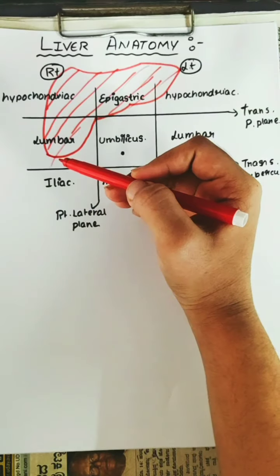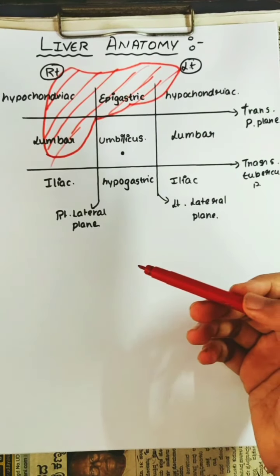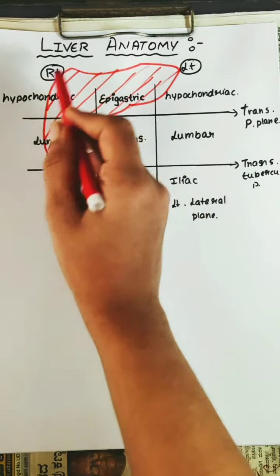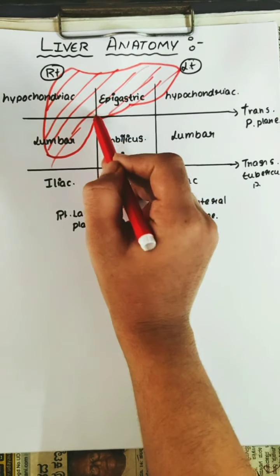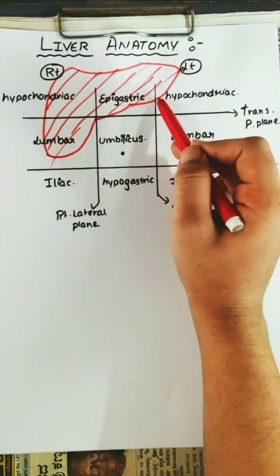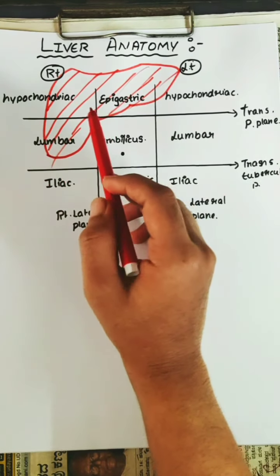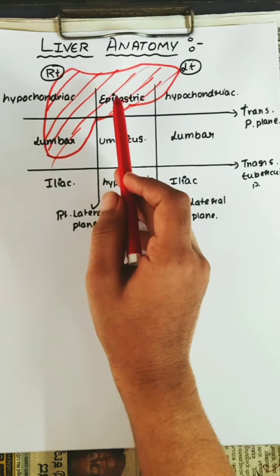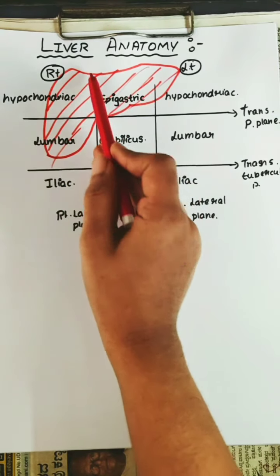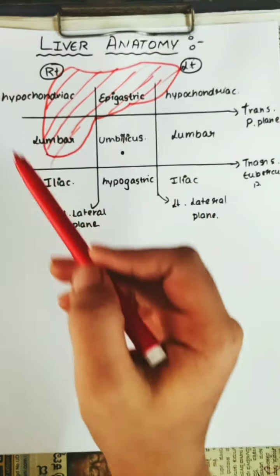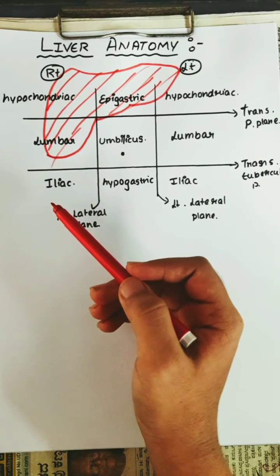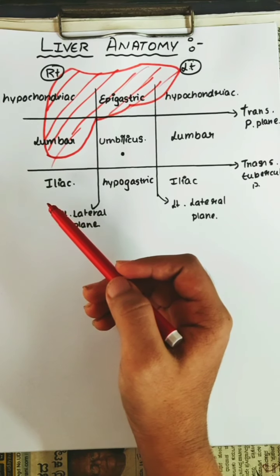Liver occupies right hypochondriac region, epigastric region, a bit of hypochondriac region as well as lumbar region. Very, very important. You can see most of the area is occupied in the hypochondriac region, that also in the right hypochondriac region. So this is the location of the liver.